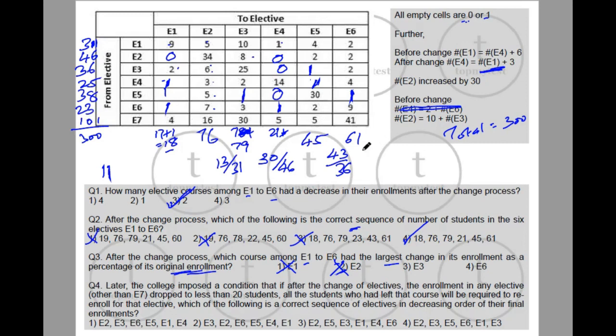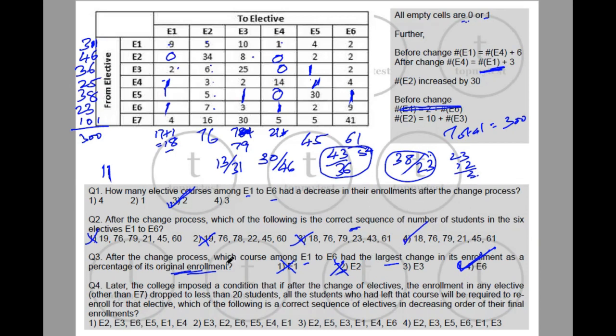That's a rise of 38 on 23. 150% will be 23 plus 12, 35. Okay, this is more than 150% rise. This is less than 150% rise. So option 4 will be a correct choice.